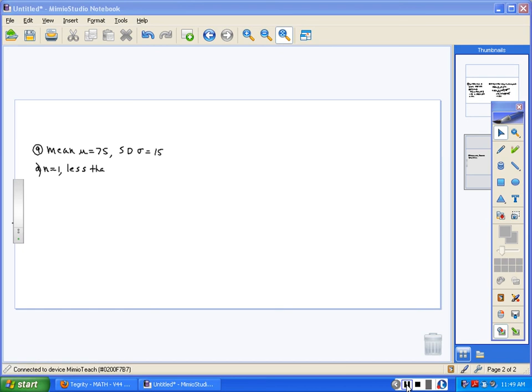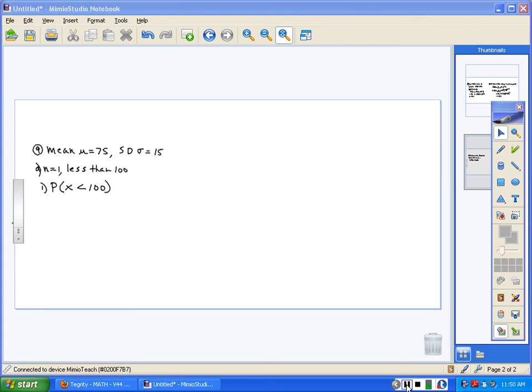Less than 100. Okay, so you got a handout for 6.3 that says finding probabilities in non-standard normal distributions. It is a 5-step process. The first step is to put the question into probability notation. So capital P parentheses x is less than 100.